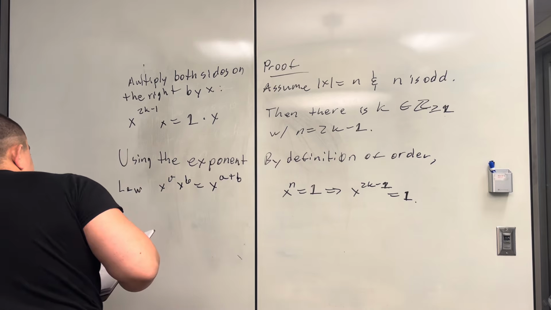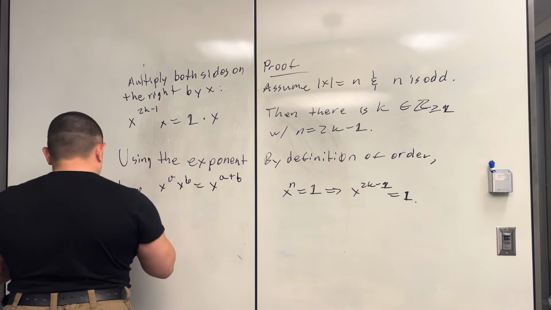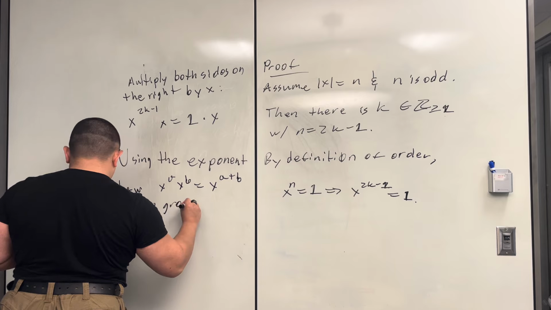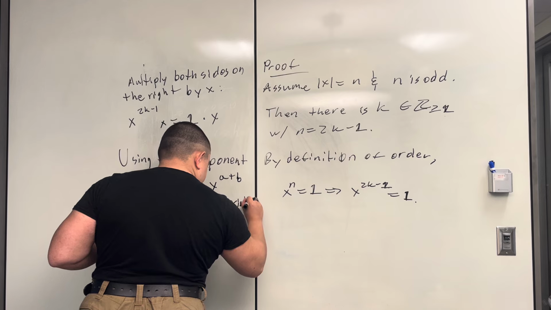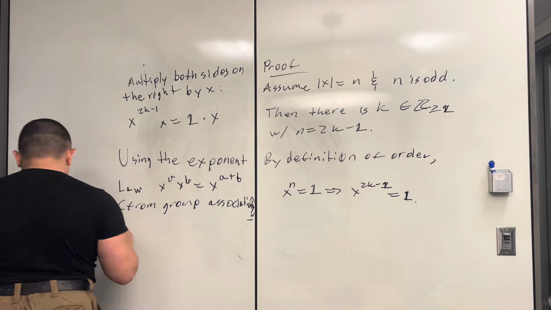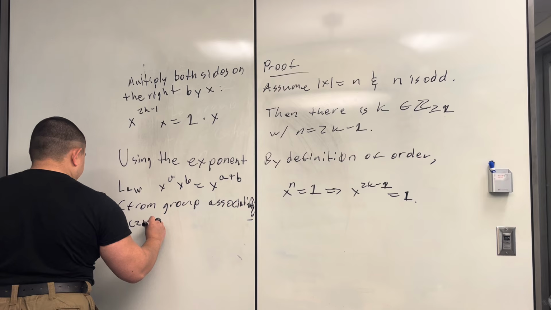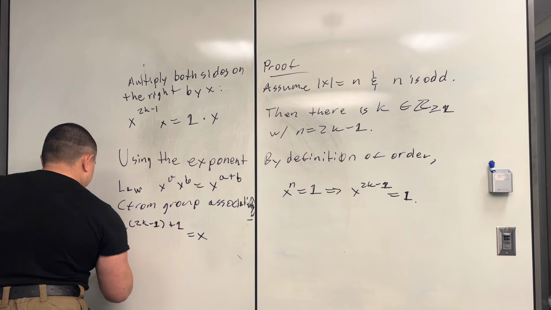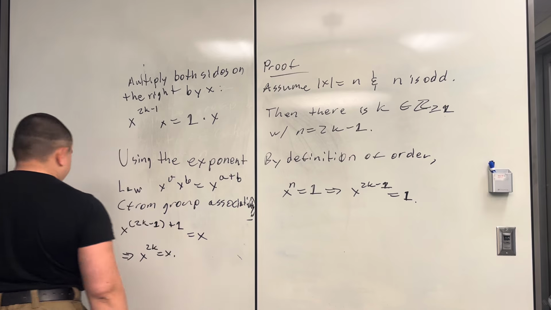That's from group associativity. x to the (2k minus 1) plus 1 is equal to x, which implies x to the 2k is equal to x.